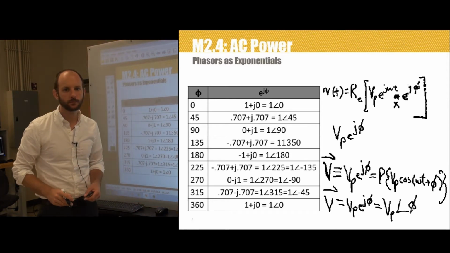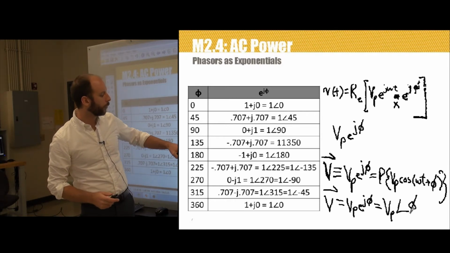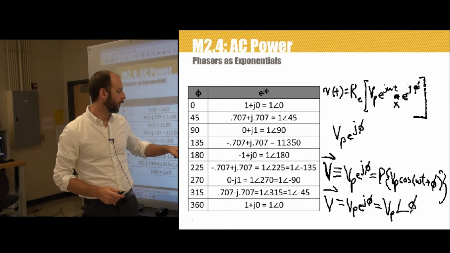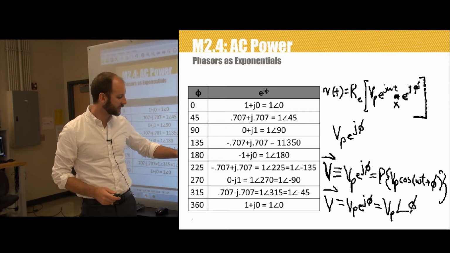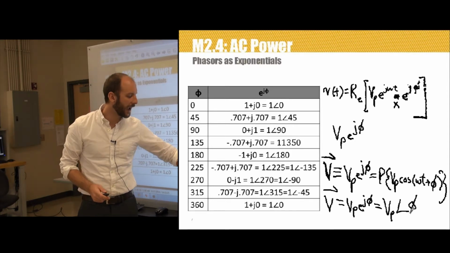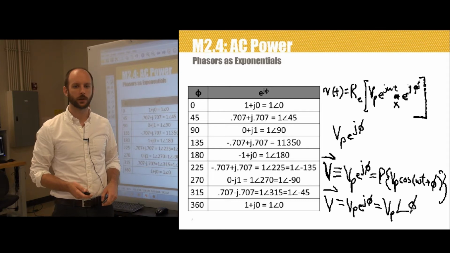Right. So because we can represent the phasor voltage from the cosine function, this is the actual definition, and the angle form, which is the more common one, is really just this engineering shorthand.